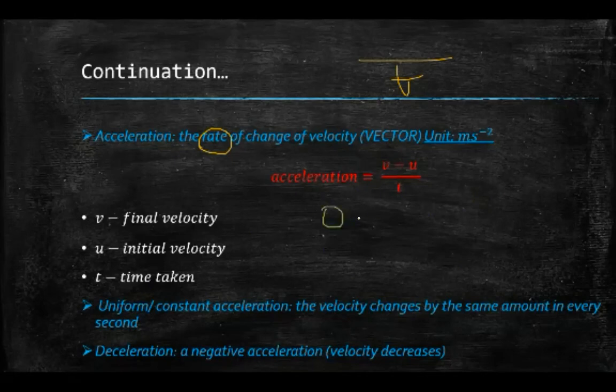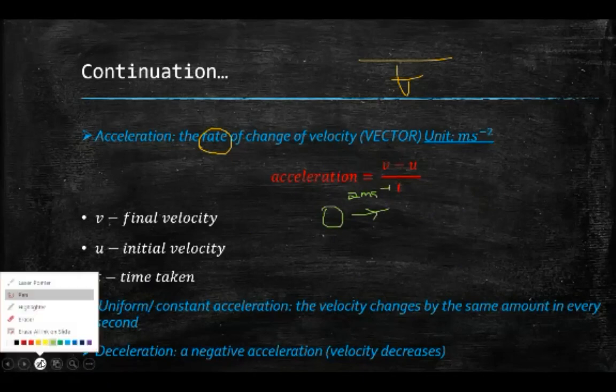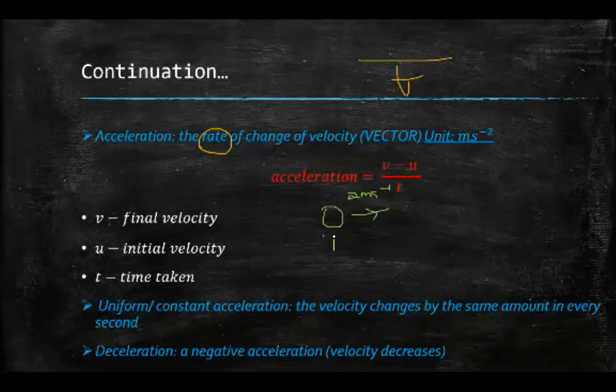My car, it's moving to the right, 2 meters per second. That's at this point. This point right here. But then coming down to this point, I check this point.